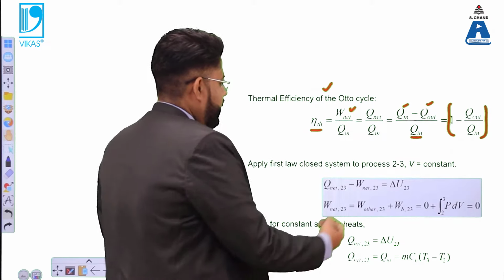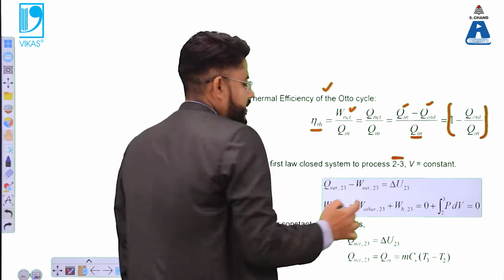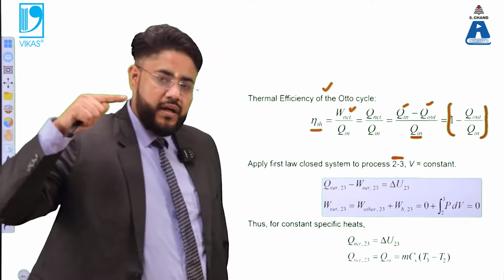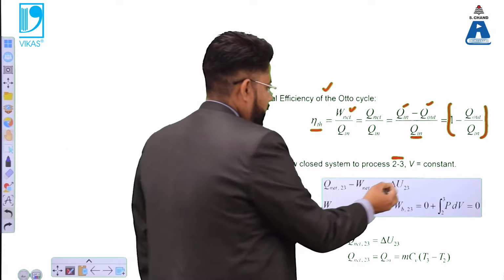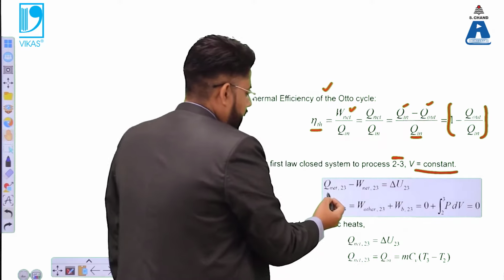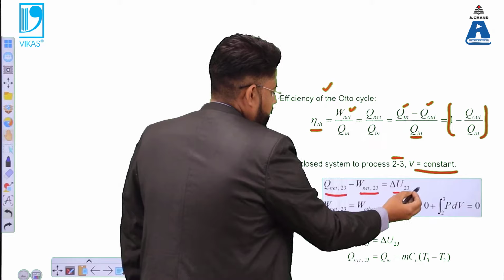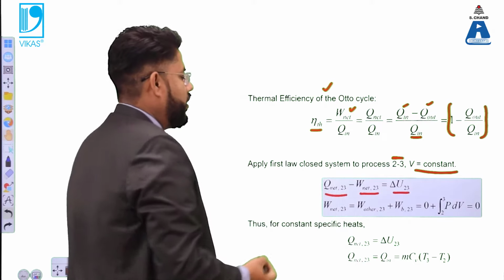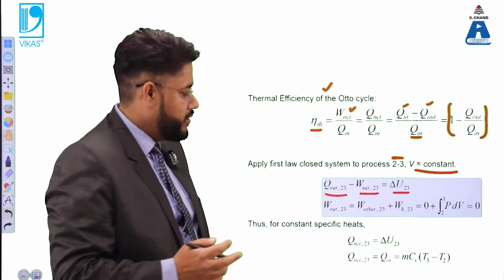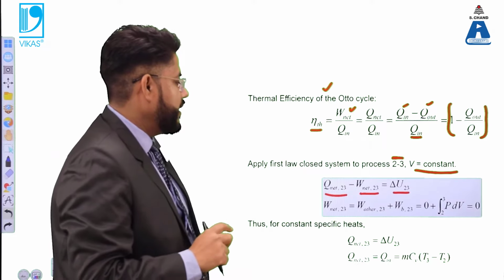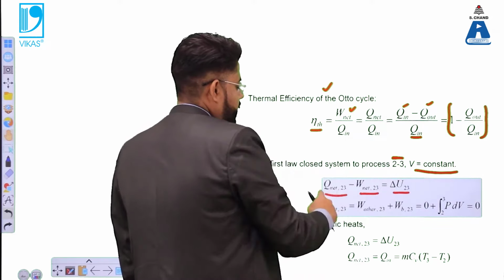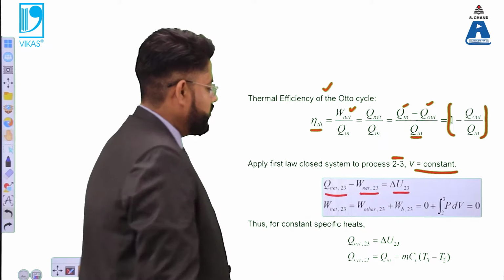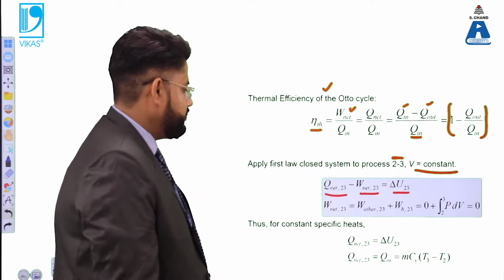And here when we talk about the 2 to 3 process, that means when we are giving heat to the system, then the volume is constant, and this is related to the first law, which indicates that the change in internal energy is related to the difference between the heat and the work done.